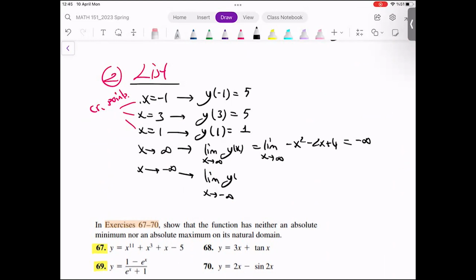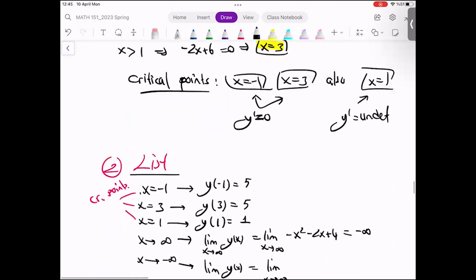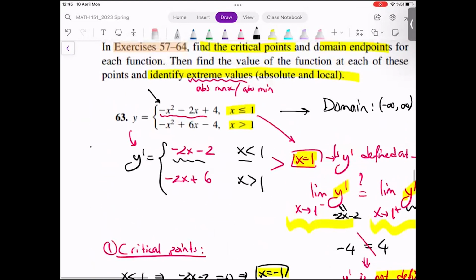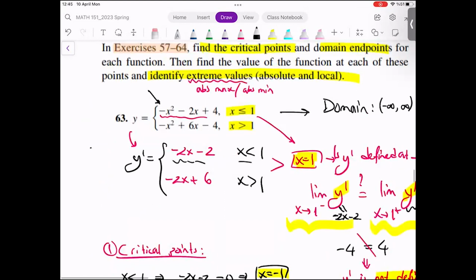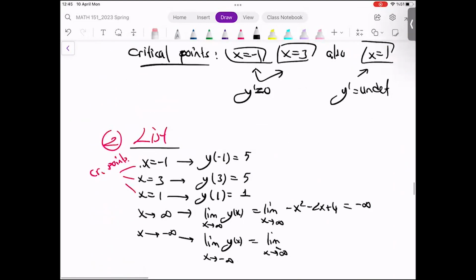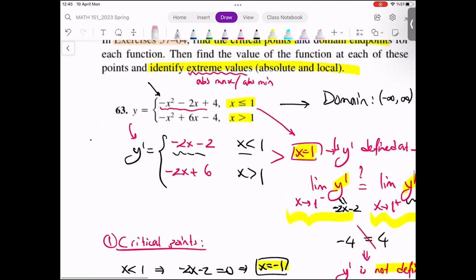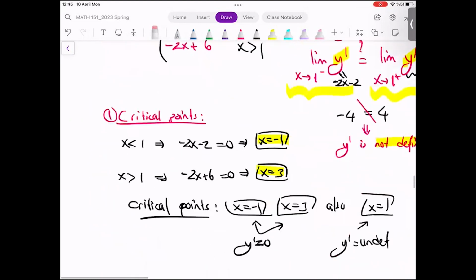The limit as x goes to minus infinity of y(x). This time I will take the other expression, as x goes to minus infinity, it is less than 1. So I will take minus x squared minus... wait, I think I took the wrong one. Yes, this should be the other one, because x is greater than 1, plus 6x minus 4.